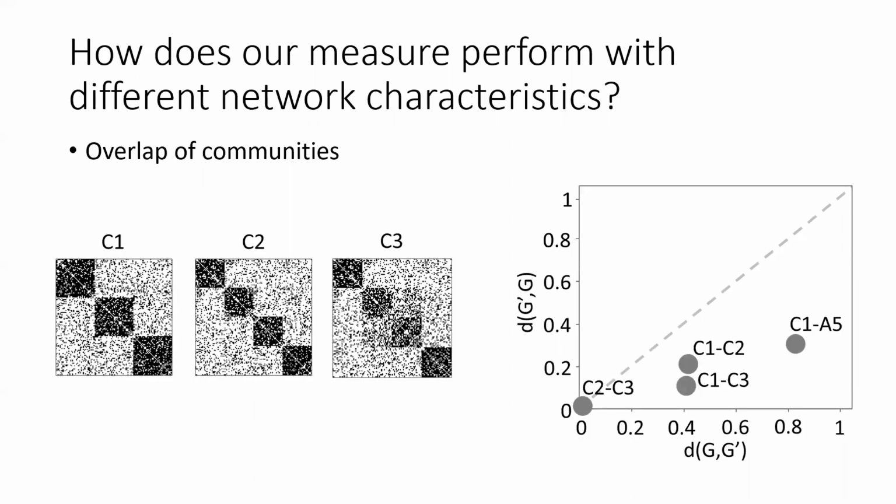Okay, so the last network characteristic that we want to point out, specifically to show how our measure picks up the underlying topology of the network, is again, we have three stochastic block models. The first stochastic block model, we've divided into three equally sized communities, as you can see in C1. Then in networks C2 and C3, we divide both of these networks into four equally sized communities.